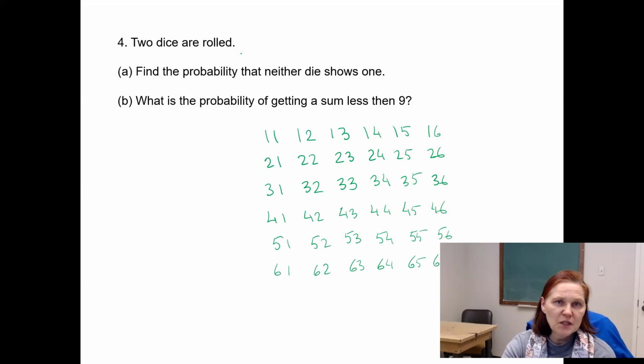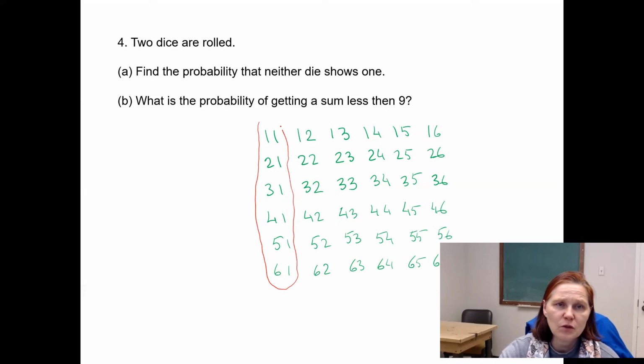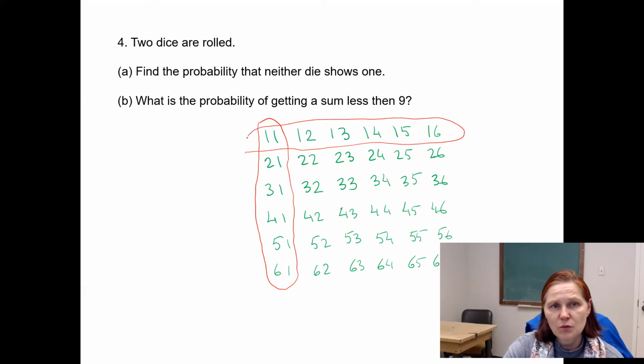Find the probability that neither die shows 1. We can consider the complement of the event: at least one die shows 1. In this column, the second die shows 1, and in this row, the first die shows 1.